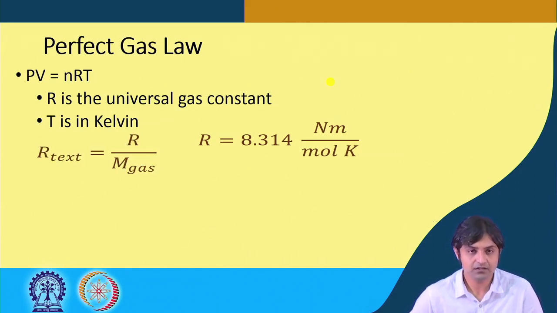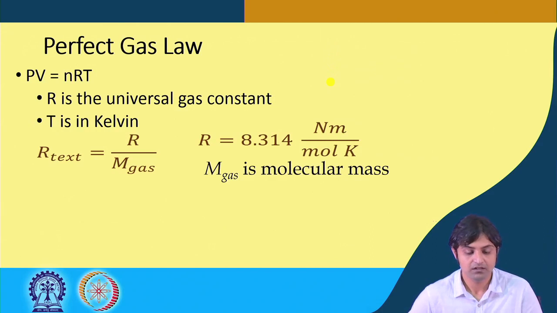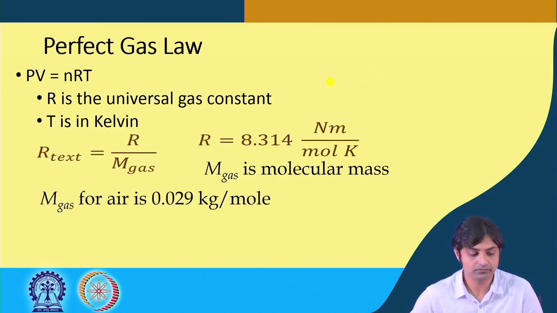In one of the textbooks that we are referring, Munson, Okiishi, Young or Cengel, the R in the text has been written as R divided by m, where m is the molecular mass of the gas. M gas for air is 0.029 kilogram per mole.